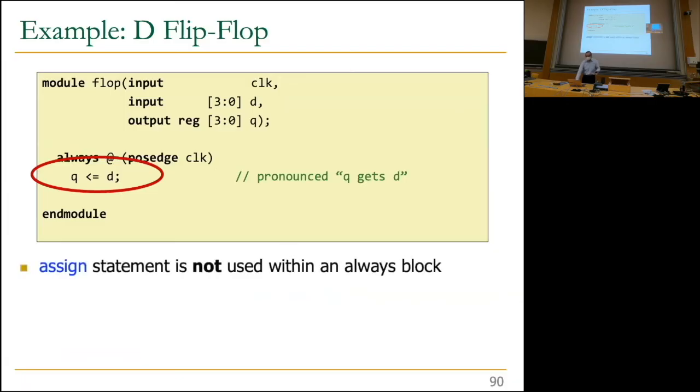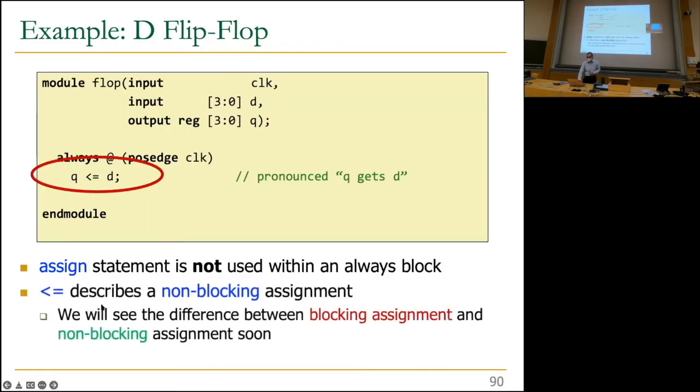What does this mean? So basically, within an always block, we don't use assign statements because these are potentially stateful. We use the special assignment. It's called a non-blocking assignment. Non-blocking assignment means that this doesn't block whatever happens in the next assignment. We'll see a better description of this soon. For now, ignore that.